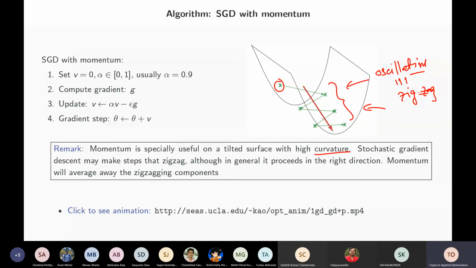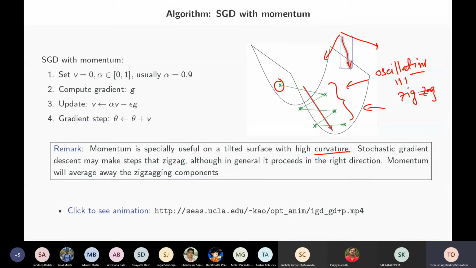To make sure that you don't get too oscillatory behavior in your progress, you may want to take some kind of average. That will help. So if one direction was this way and another direction was this way, I want to go in the average direction, so I will add the previous two directions.